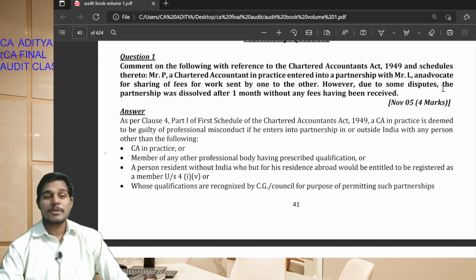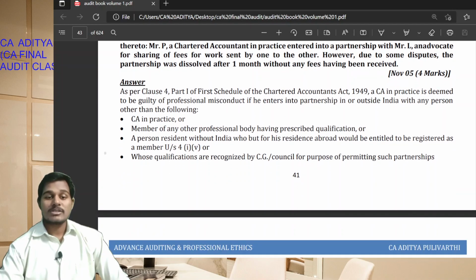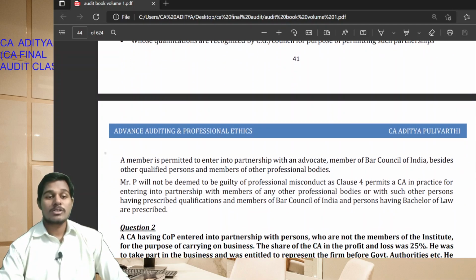However, due to some disputes, the partnership was dissolved after 1 month without any fees having been received. See students, Mr. L, an advocate, is a prescribed professional, that is, a prescribed qualification recognized by the central government. So Mr. P, a chartered accountant, can enter into a partnership firm with him. So he is not disqualified.